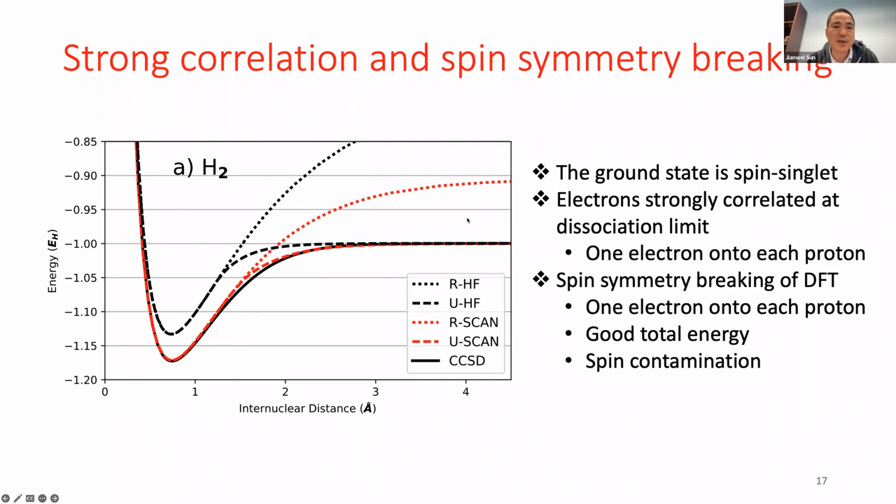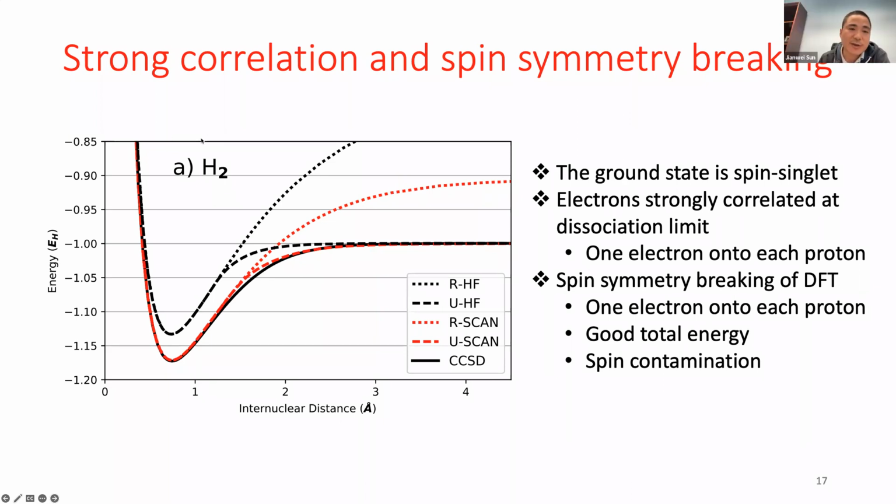And then you do the calculation, and you will find that although the solution is not the eigenfunction of the total spin operator, the total energy is very accurate, all right? So this is the unrestricted calculation for this H2.